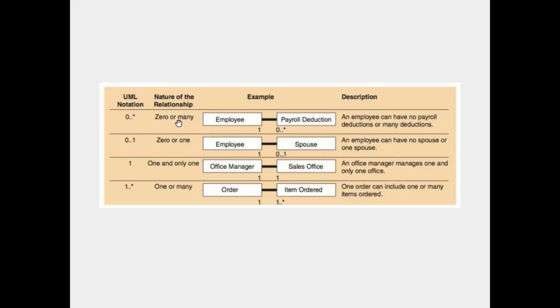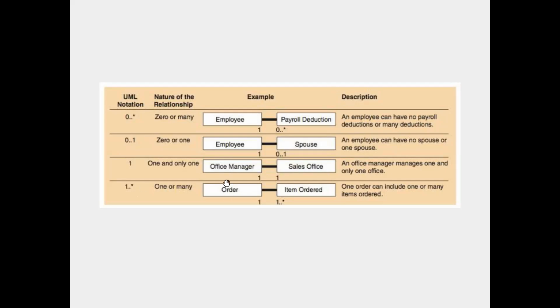You can say this is 0 to many. If you take this one, 0 to 1, the minimum is 0 and the maximum is 1. Here we have just 1, which indicates one and only one. And the last one is 1 or many: the minimum is 1 and the other indicates many.